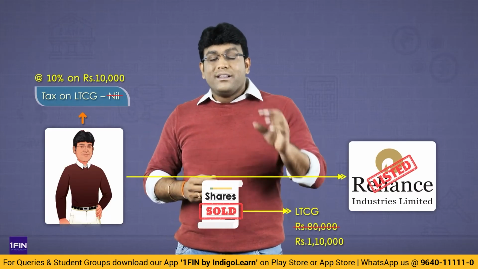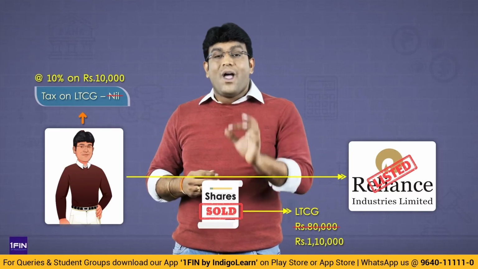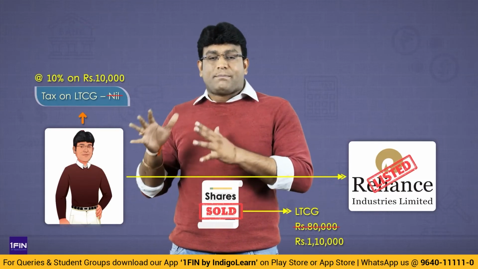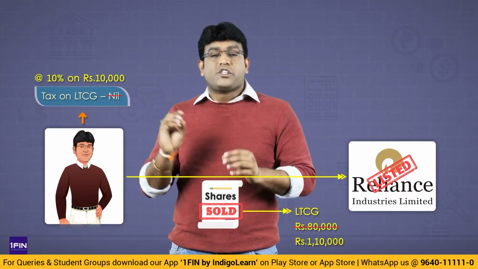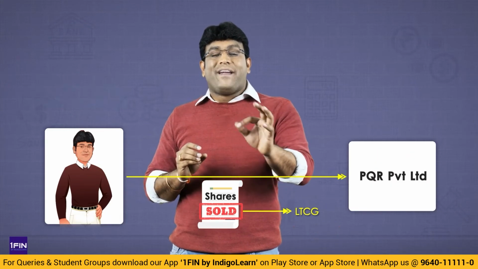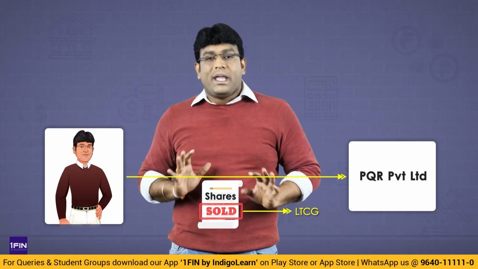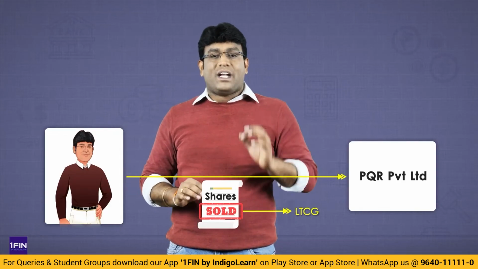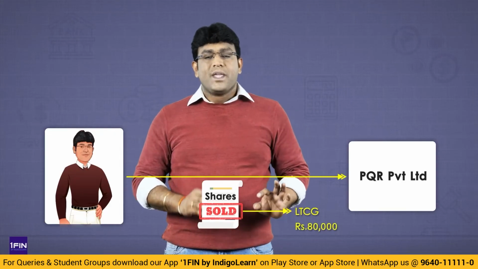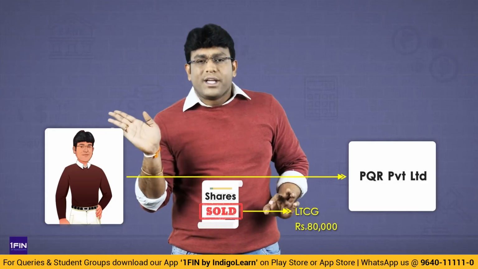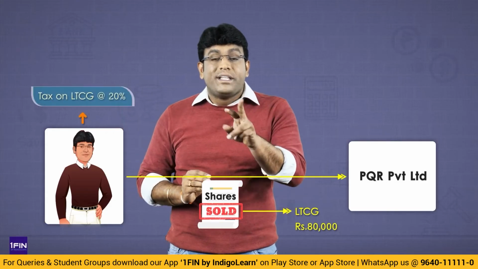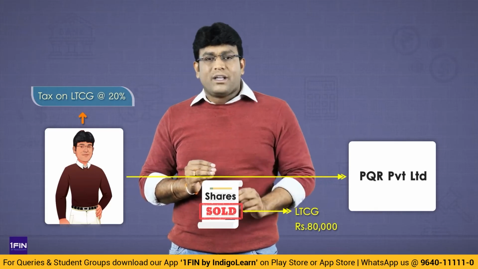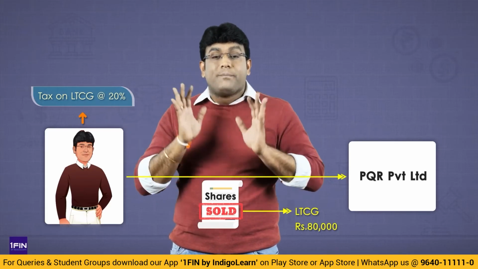But assume this is not long-term capital gain on sale of Reliance shares, but assume for a second this is long-term capital gain on sale of equity shares of PQR Private Limited, a private company, not through stock exchange, and I got long-term capital gain of, let us say, 80,000. Law is telling on 80,000 pay tax at the rate of 20%. And what if I get 1,10,000? On 1,10,000 pay tax at the rate of 20%.